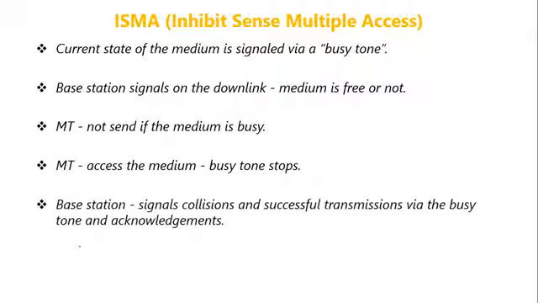If the medium is free, that is, once the busy tone stops, the mobile terminals will access the medium. And if there are any collisions, the base station will notify that collision through the busy tone.